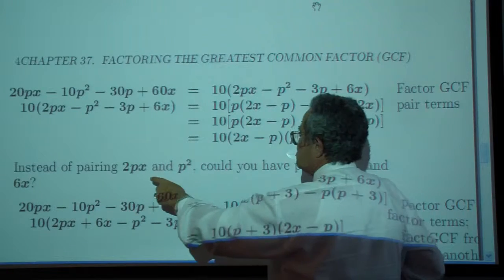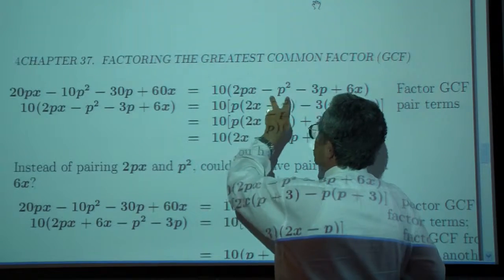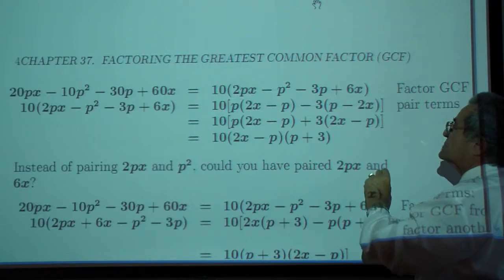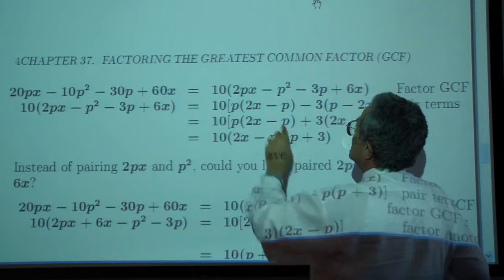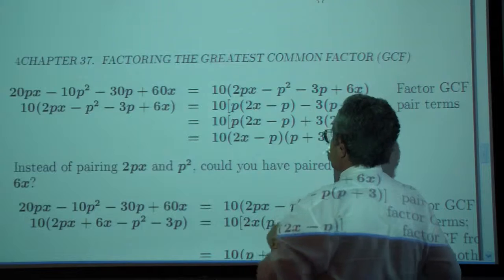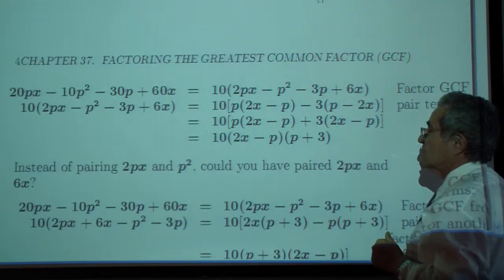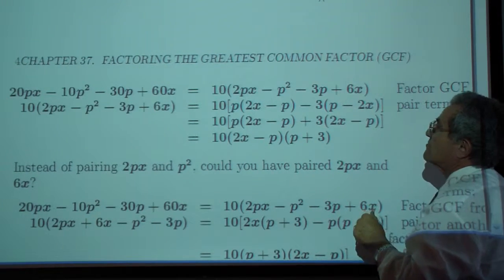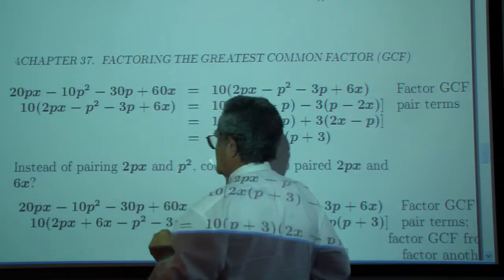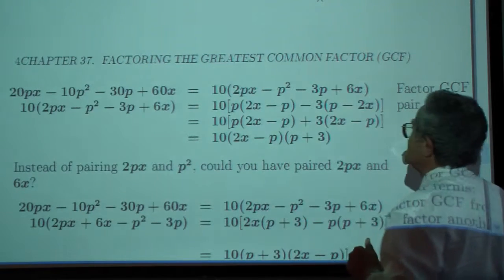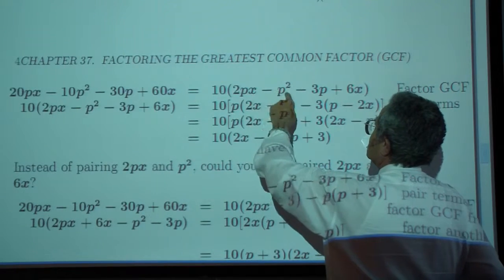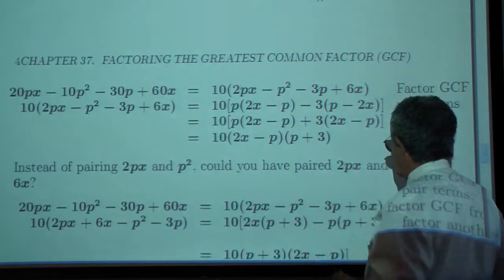Instead of pairing 2px and p squared, could you have paired 2px and 6x? What I intended to do is, instead of pairing the first two, could you have paired the first and the third?